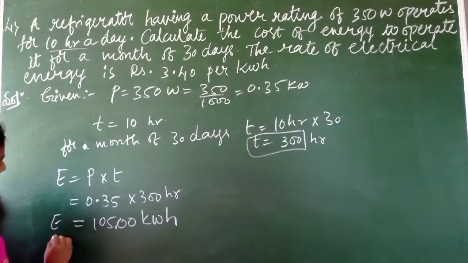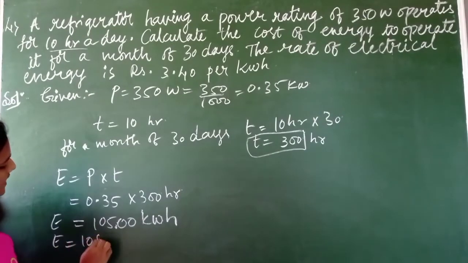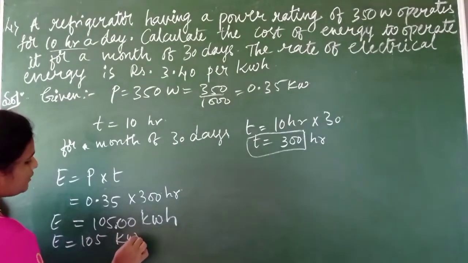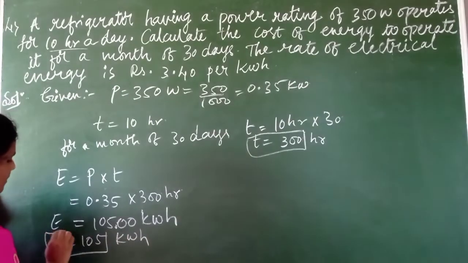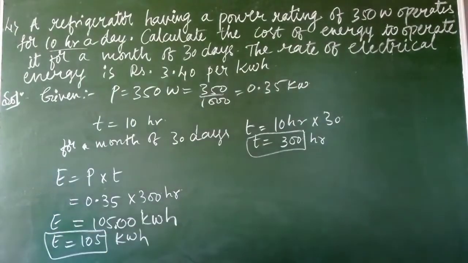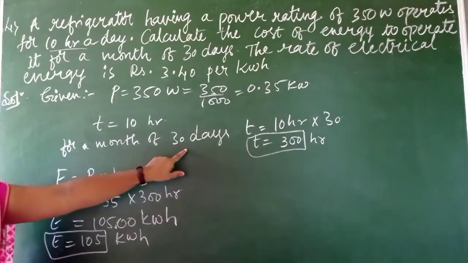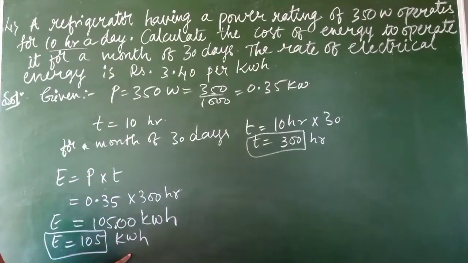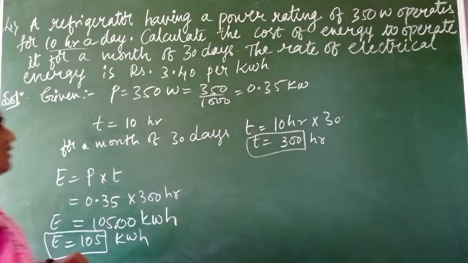This is the energy. We can write it directly as 105 kilowatt hour is the energy consumption. That is, the electrical energy consumed for 30 days is 105 kWh.